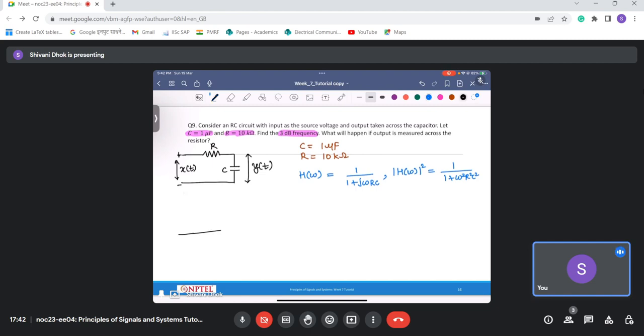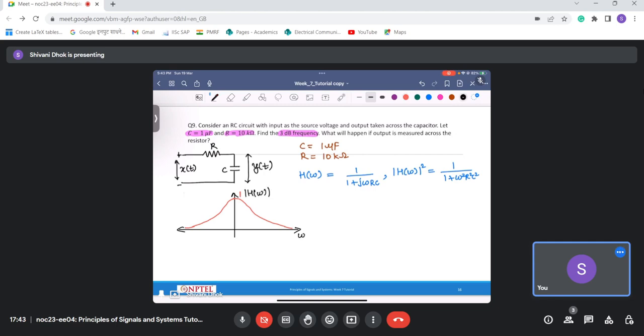It was also seen that this magnitude response actually looks something like this. That is, it is passing the lower frequencies and it tends to 0 as this omega tends to infinity.